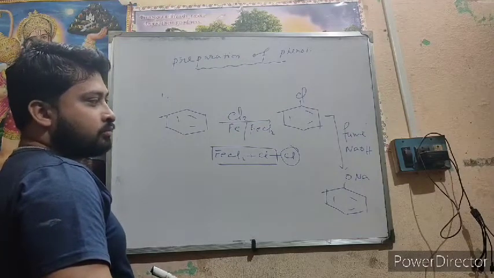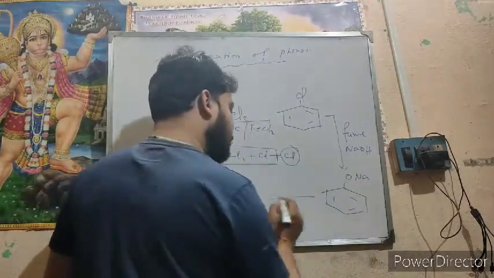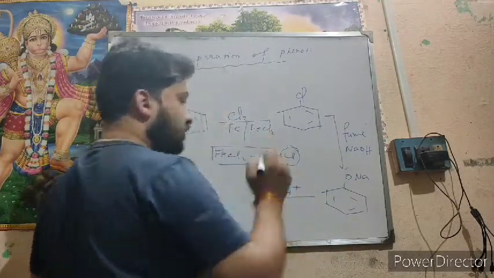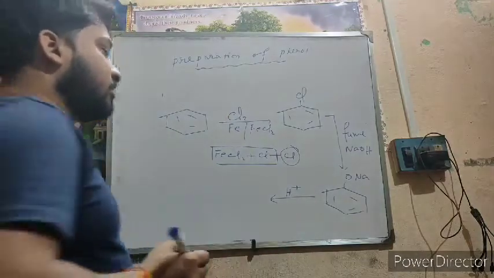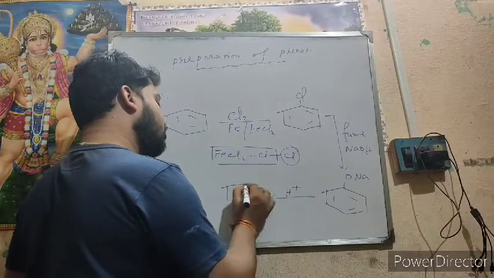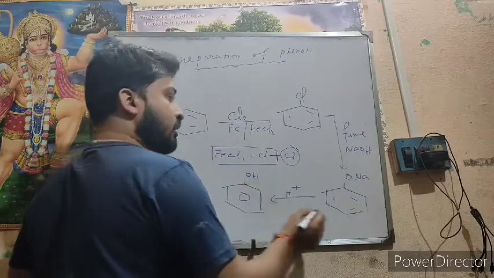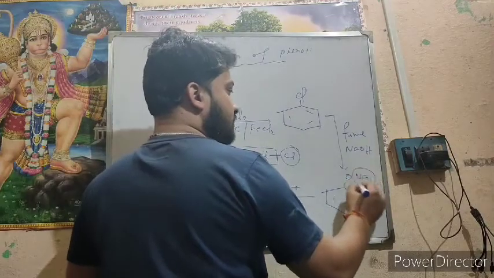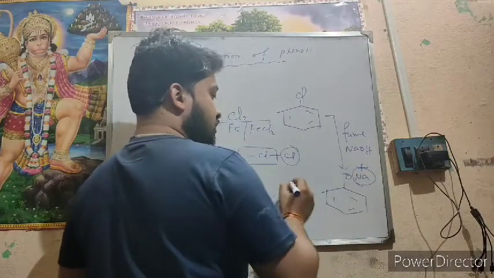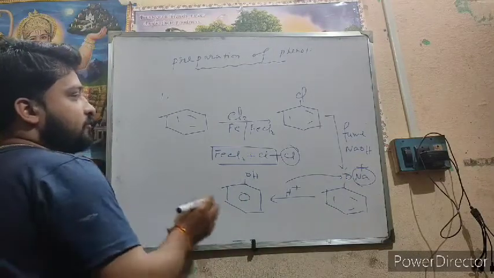So ONa is here, and you give acidification with H plus. What do you get? You get phenol, OH. Na is plus and O is minus, so the plus goes to the minus and you get OH as phenol.